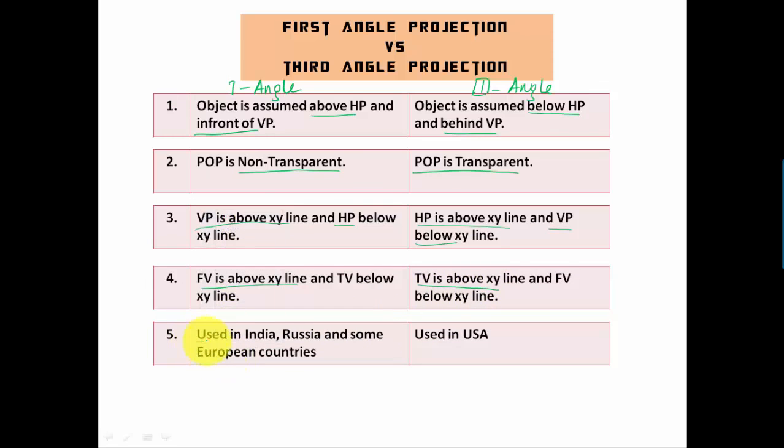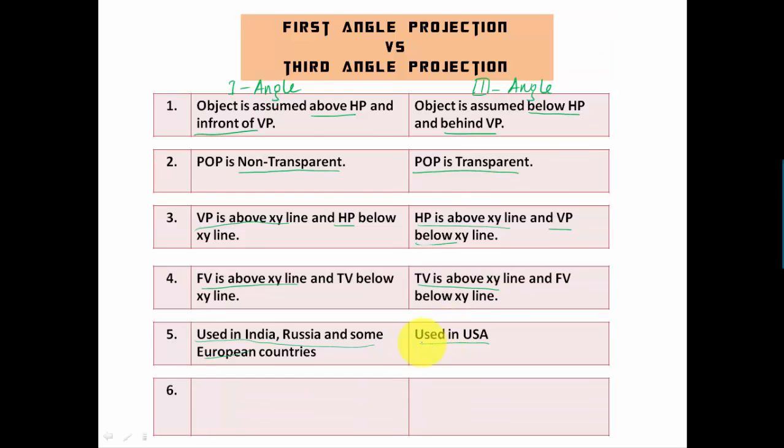Now, one more important point. First angle projection is basically used in India, Russia, and some more European countries, whereas third angle projection is widely used in the United States of America. Third angle projection is assuming the object below HP and behind the vertical plane. Now let's have the symbol. This is the symbol for making sure that every drawing prepared on a drawing sheet is made in first angle, that is assuming the object above HP and in front of VP.